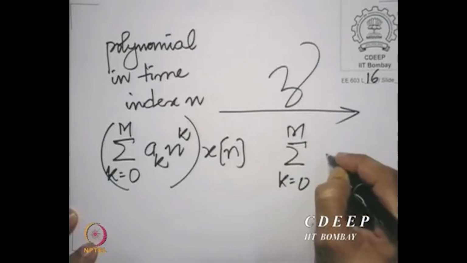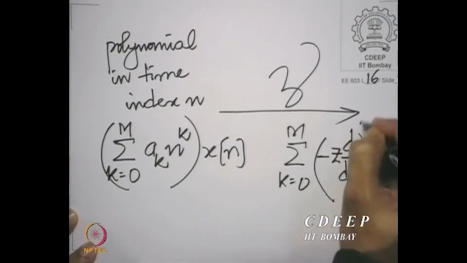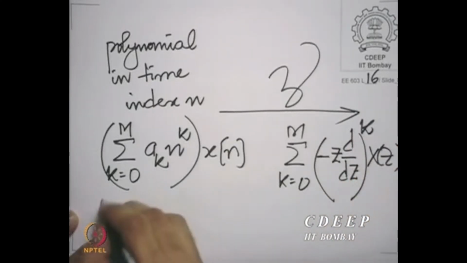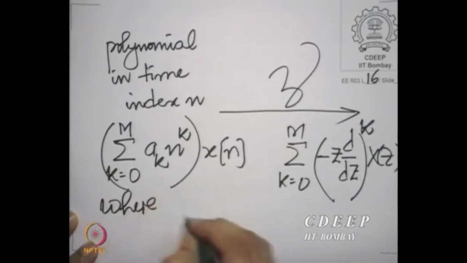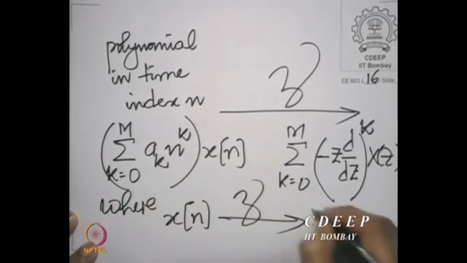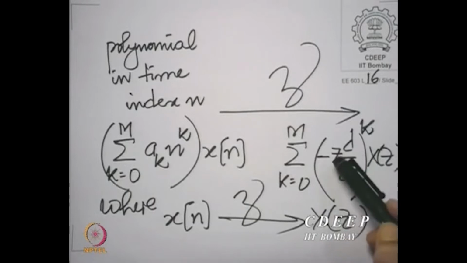Now, please note, we should interpret this carefully. What I am saying here is (minus z d/dz) to the power k applied to X(z). This means applying the operator: first take the derivative with respect to z and then multiply by minus z.